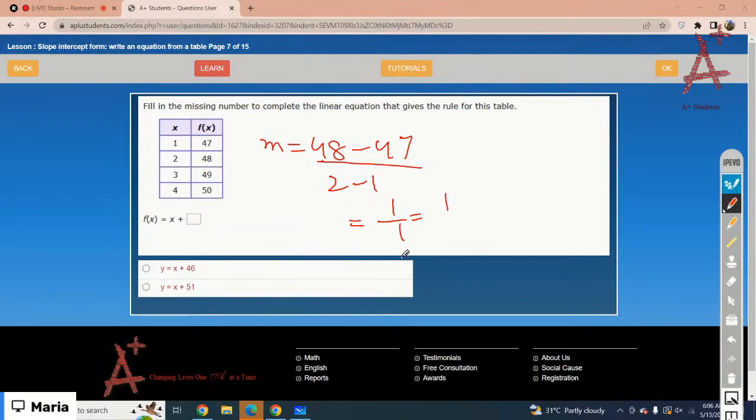Then you have to calculate the y-intercept. It would be y equals mx plus b.